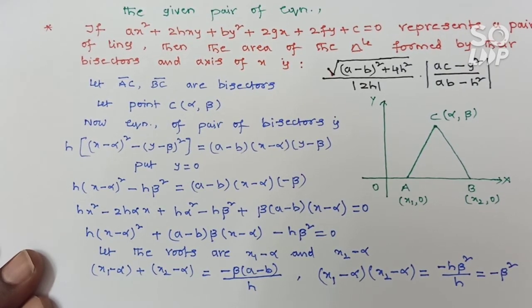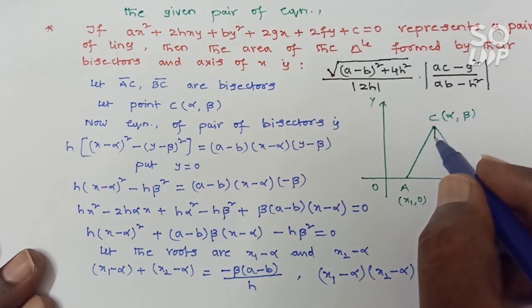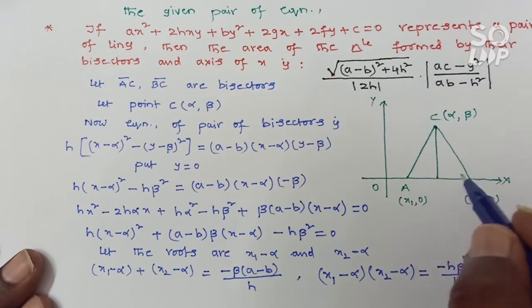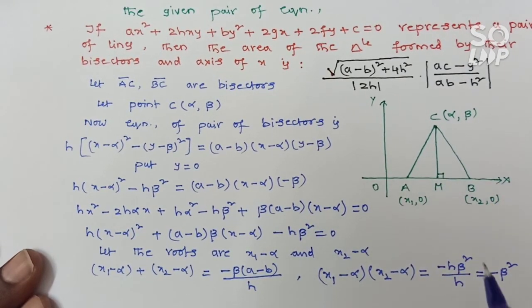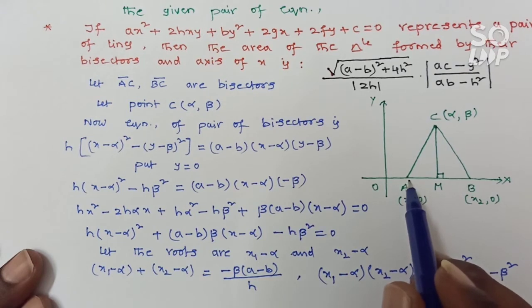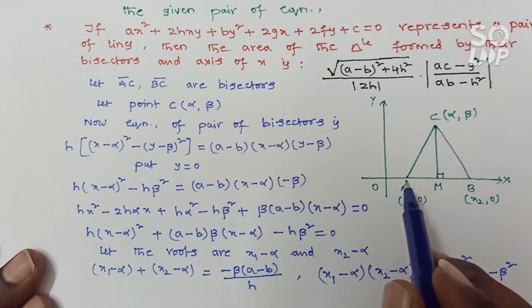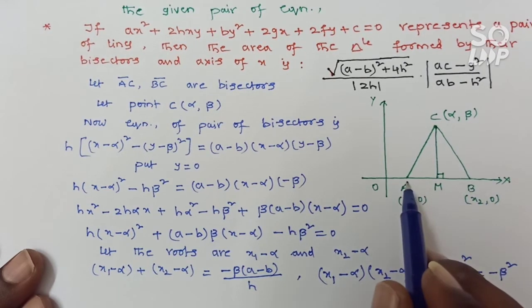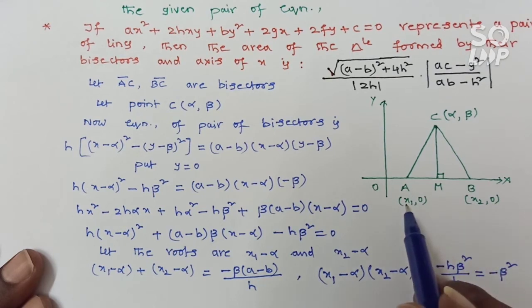Now after this one, area of the triangle will be equal to half into base into height. Base is the AB distance. AB distance means x2 minus x1.